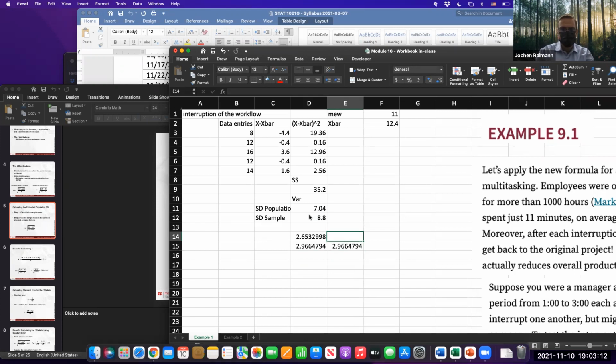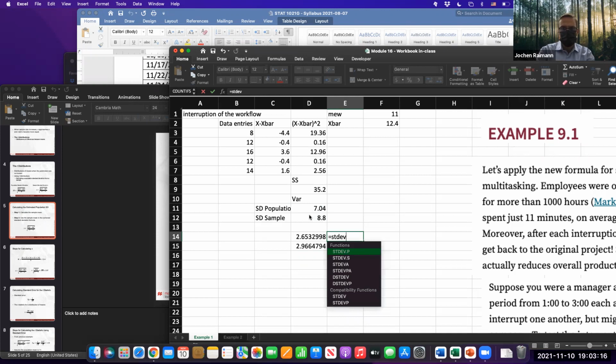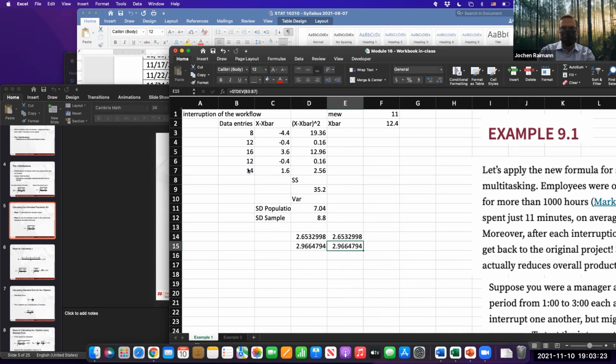This is not this. This is STDEV.P. Okay, so just in comparison, this is the one for the population. This is the one for the sample.